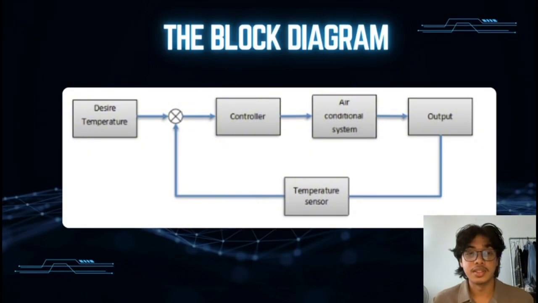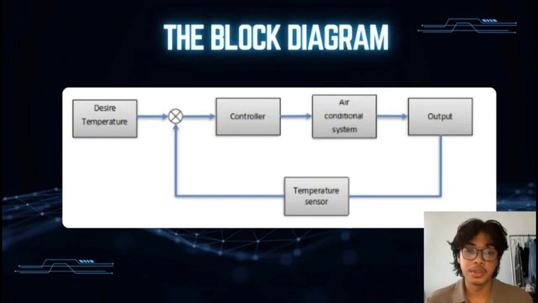The output of the system is the actual room temperature. Finally, a temperature sensor continuously measures the room temperature and sends this information back to the controller as feedback. This feedback allows the controller to make continuous adjustments so that the room temperature remains stable and close to the set point. Overall, this closed-loop control system improves temperature accuracy, reduces energy consumption, and provides better comfort for the user.